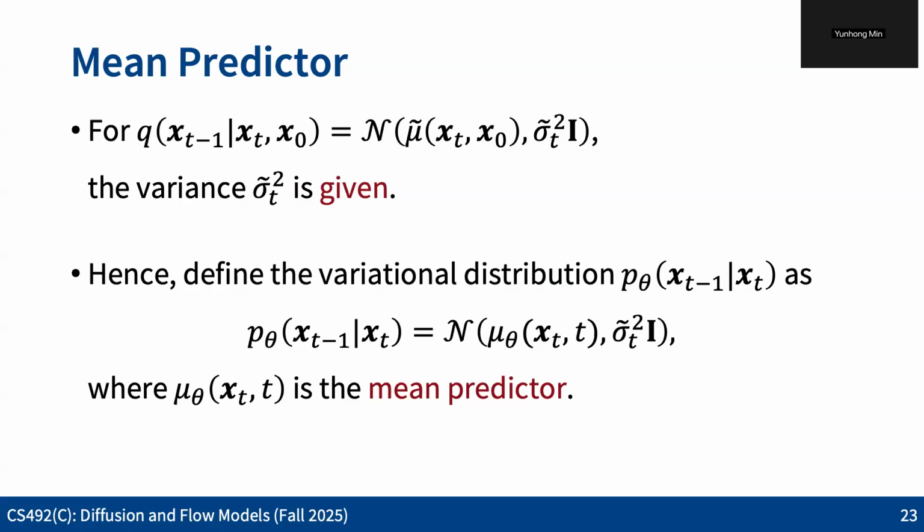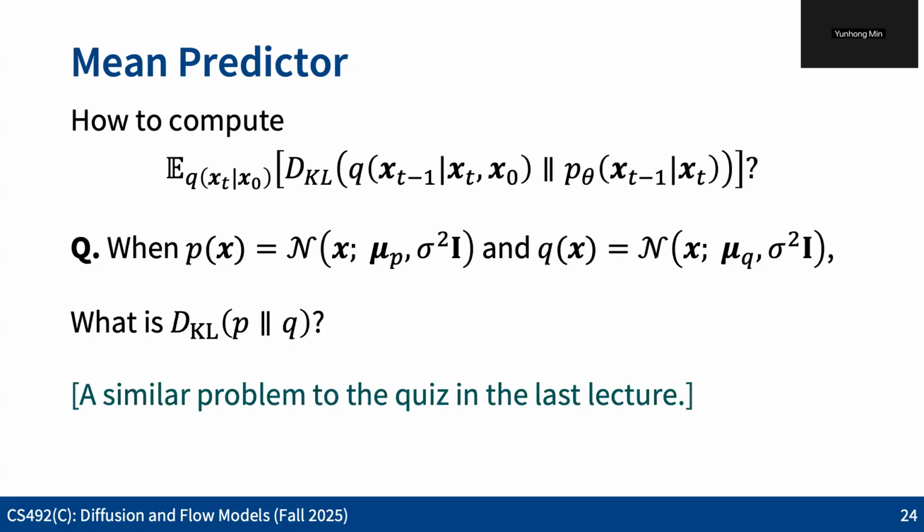So when you model the reverse diffusion distribution this way, what we need to do is minimize the KL divergence between these two, right? If we recall what we have seen with the KL divergence, when you have two Gaussian distributions like this and this, especially with the same covariance, what's the KL divergence between these two?